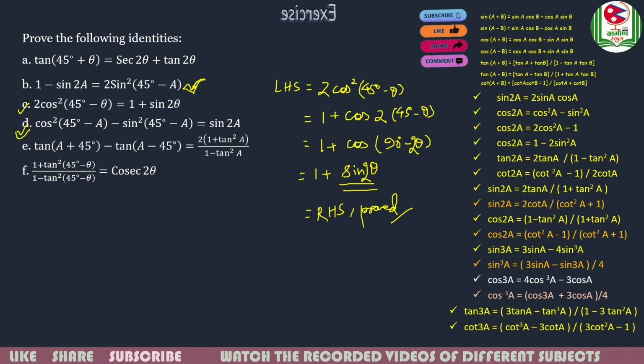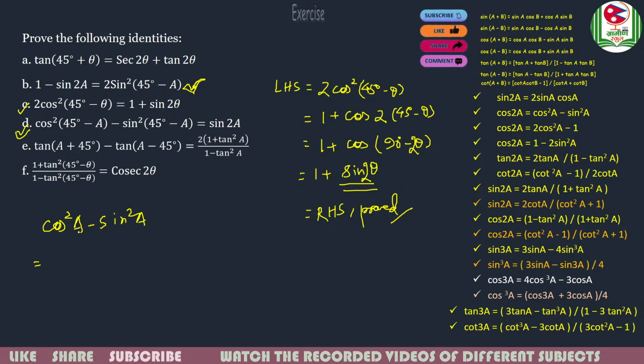Okay, how will you prove this D number? Here it is cos square (45 degree minus a) minus sin square (45 degree minus a). So I think you can prove it yourself, because this is nothing, just cos square a minus sin square a, and cos square minus sin square is how much?